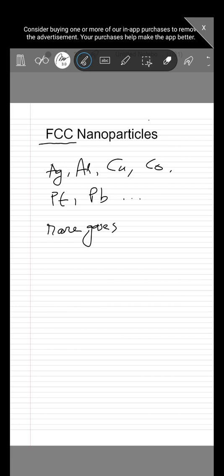like neon, argon, krypton, and xenon. They are also in the FCC state.